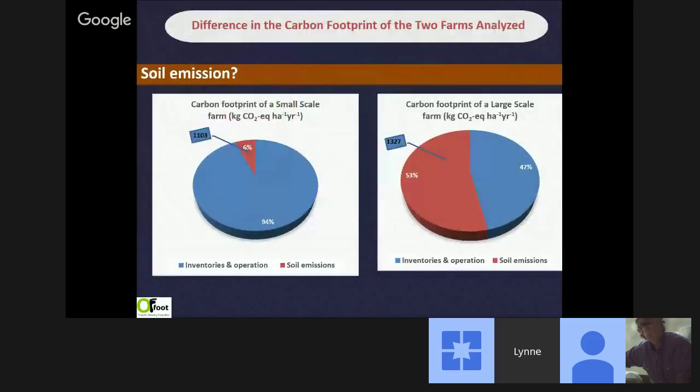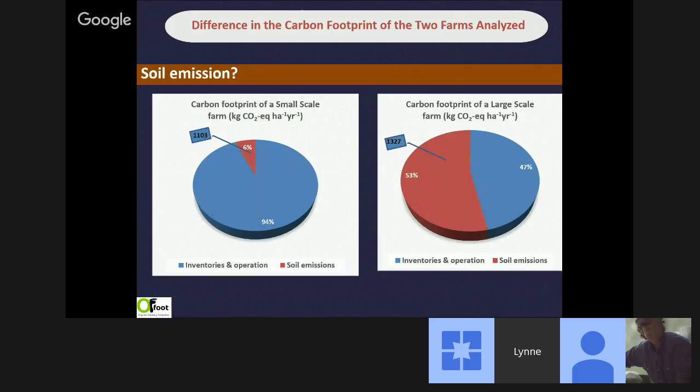Comparing these two, the small farm is shown on the left and the large farm on the right. Most of the footprint of the small farm was from the equipment and operations, whereas most of the footprint of the large farm was from their soil emissions. Again, we can only do something about our own operations, and we can only know where to target our changes if we know what our own sources of footprint are.